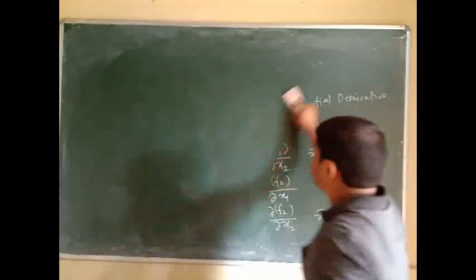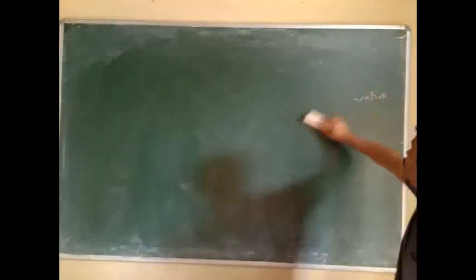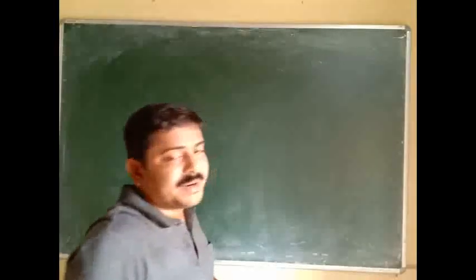So when we are getting the derivative of the first order derivative, then we are getting the second order partial derivative.